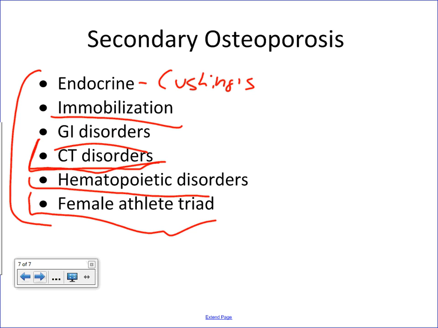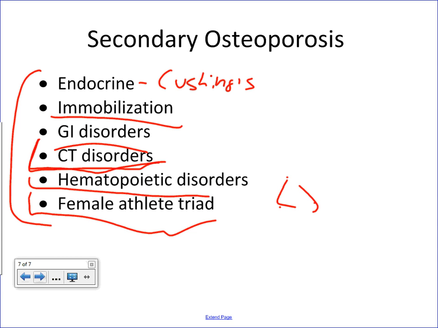This is essentially when women work out really hard and then their body fat levels get really low. They don't menstruate. Typically they have an eating disorder, and as a result, their estrogen levels tank, and then they develop osteoporosis, hence the triad. The menopause, the eating disorder, and then the osteoporosis, all at the same time.